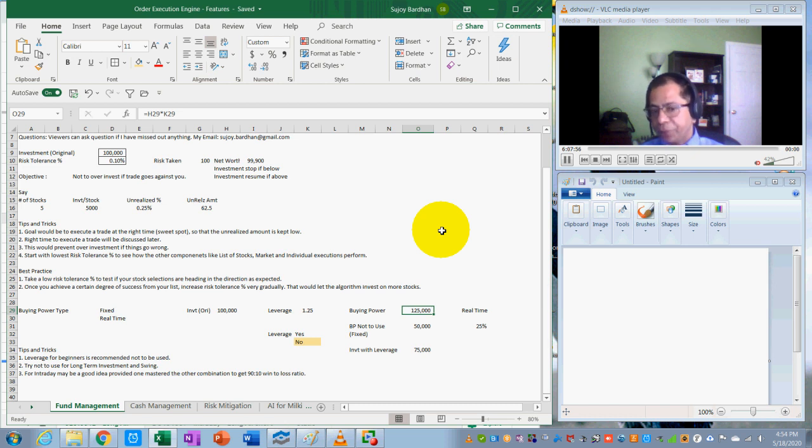And when I come to cash management, you will see how we move from buying power to the cash management part of it. But how much of the buying power you need to have is crucial, which will depend on your success rate for the list you make, because this part is very, very crucial when it comes to stock selection and execution of a trade.